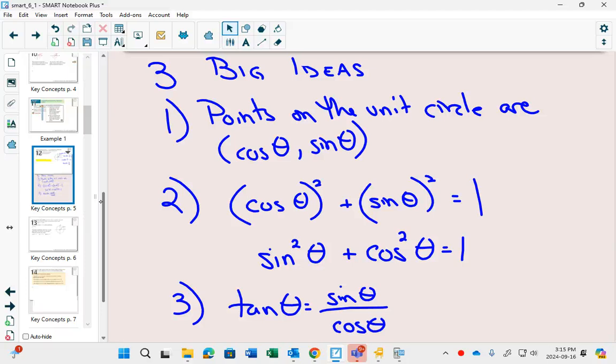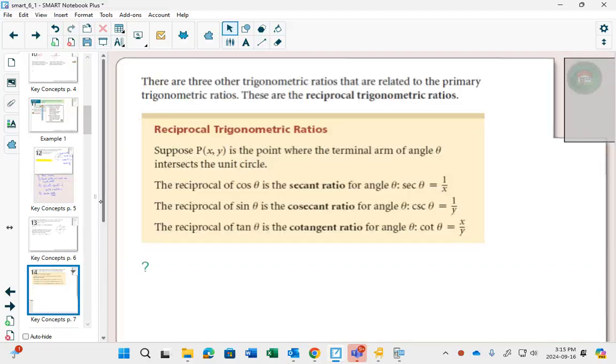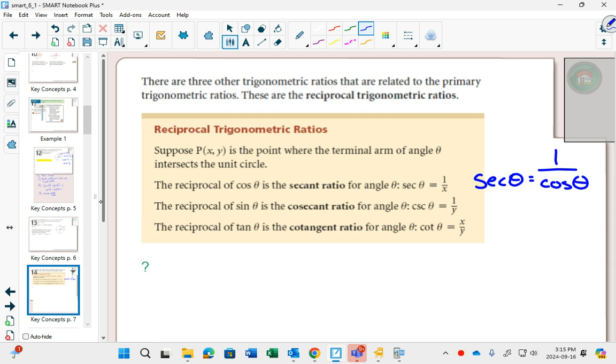Also important is we are not content with just sine, cosine, and tangent. We are going to introduce to you 3 new ones: cosecant, secant, and cotangent. Yes. And they are reciprocal functions. So, secant theta is the reciprocal of cos theta.